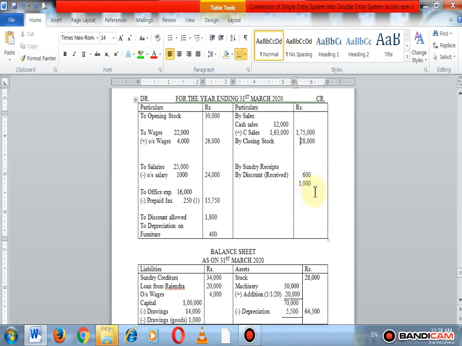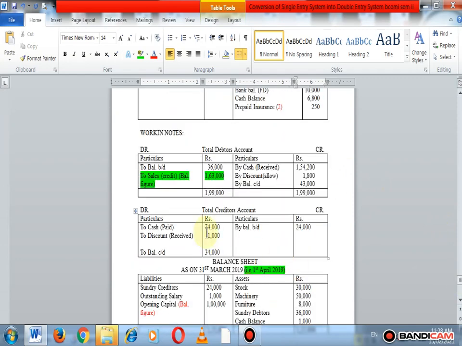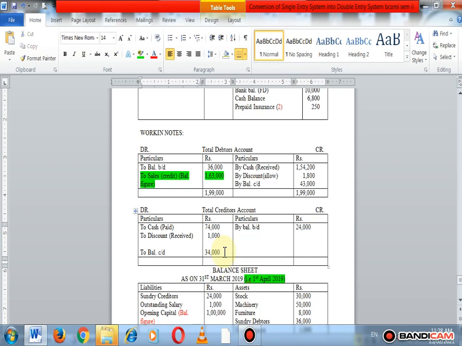Then we close the creditors account, so the debit side of the creditors account is more, and that is 1,09,000. So put this total on the credit side, 1,09,000, and find the difference.